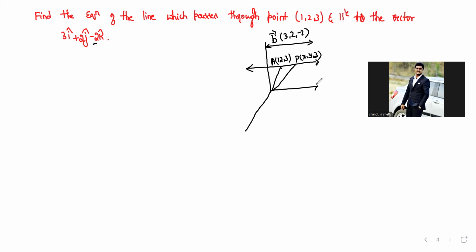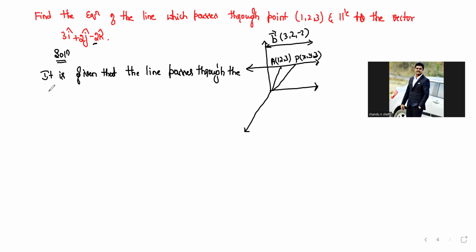Okay. Now you should observe, we want to find the vector equation. It is given that the line passes through the point A (1, 2, 3).